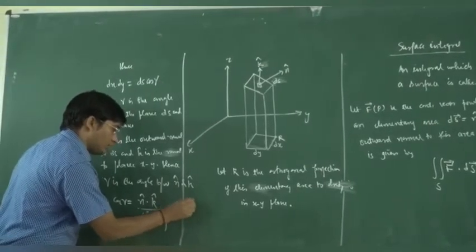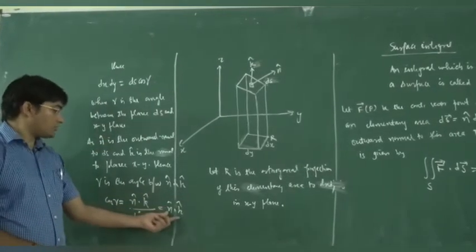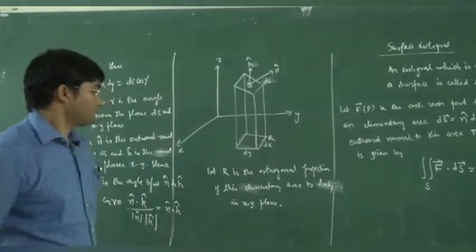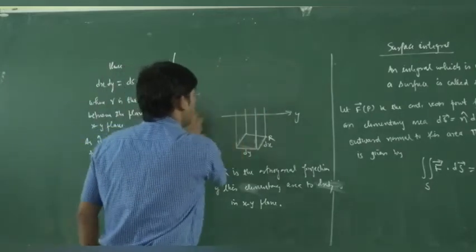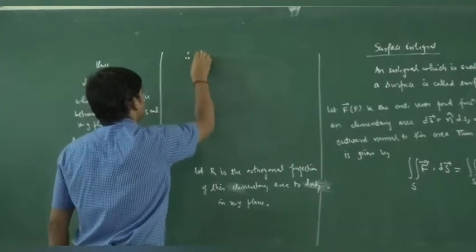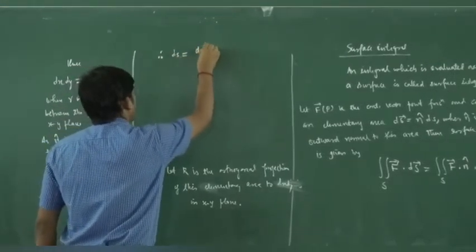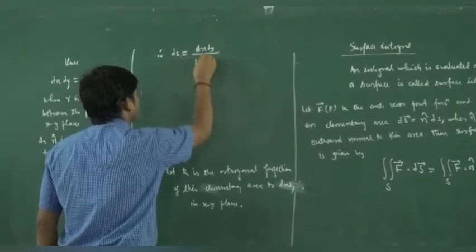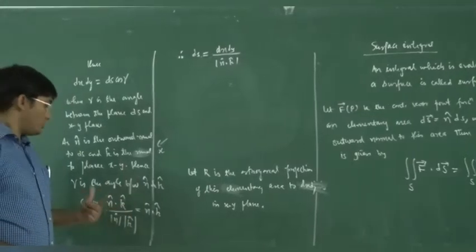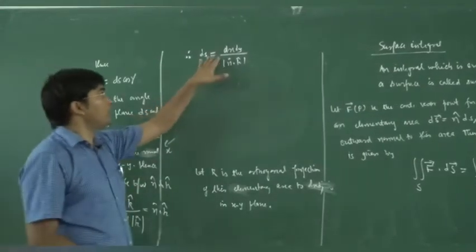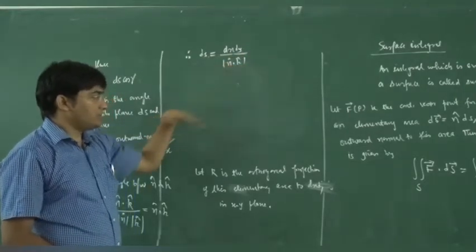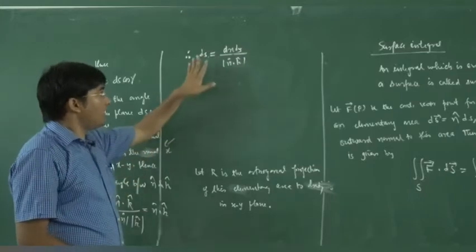Now let us put the value of this cos gamma here. Therefore your ds is equal to dx into dy upon n dot k. Just write modulus sign to neglect the negative sign. So your cos gamma is equal to dx into dy upon n dot k, and modulus is taken to remove the negative sign. So we have the value of ds.